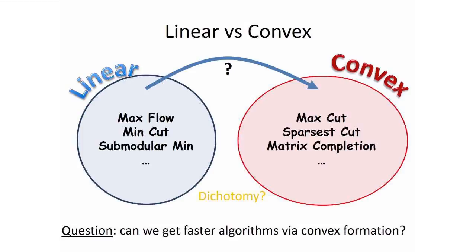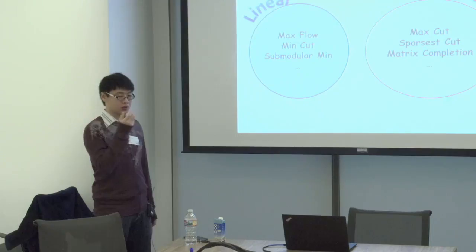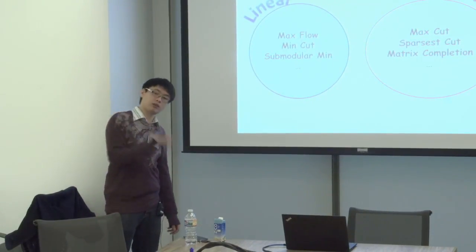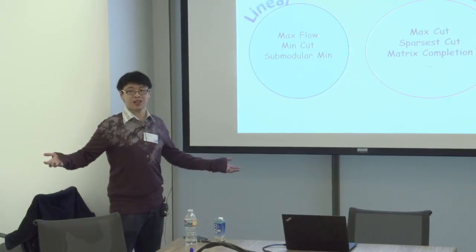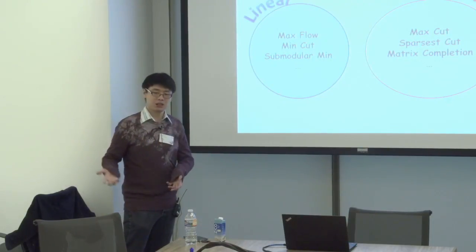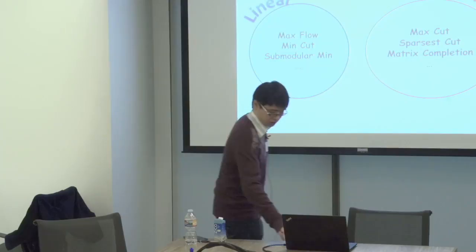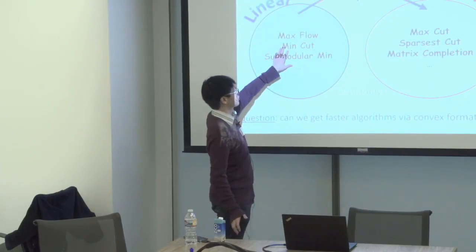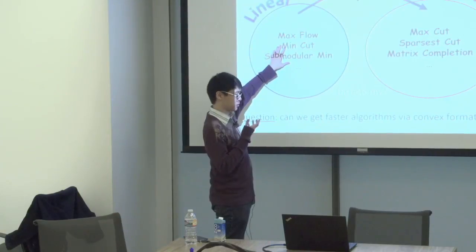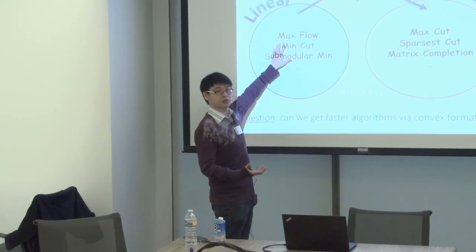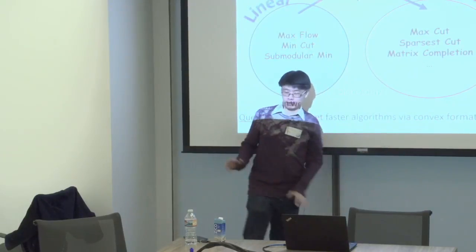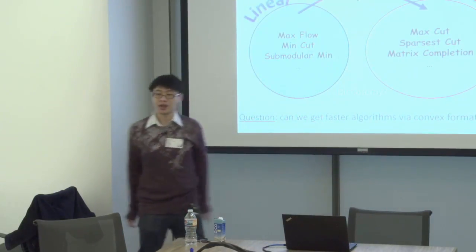So in particular, I want to touch on this paradigm between whether you want to use linear relaxation or convex relaxation. Well, of course, a linear relaxation is a convex relaxation. But the point I want to get across is whether something that you traditionally use LP to solve can enjoy some benefit of going to the convex side.